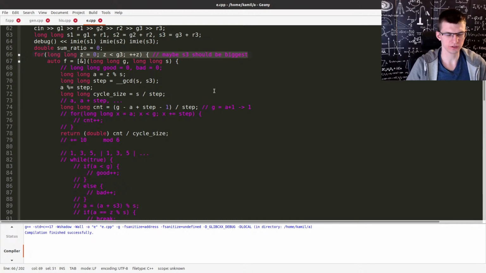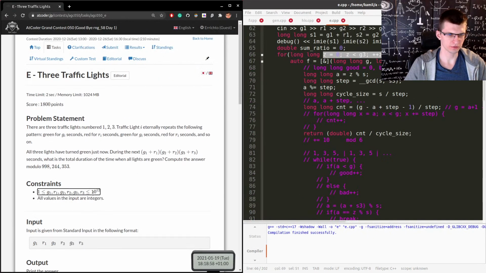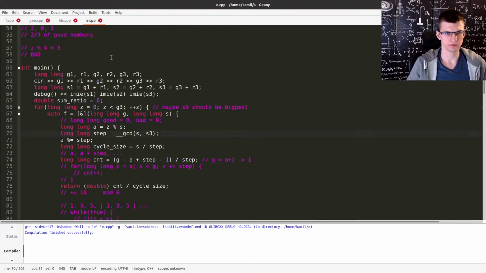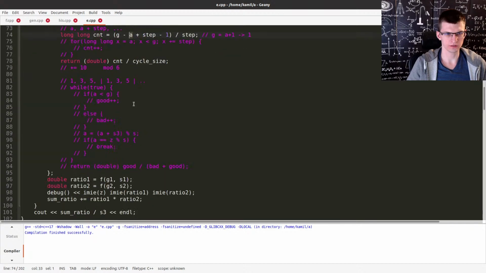We have a solution in complexity O of S3. So O of 10 to the 12 power. Times GCD, whatever. But what are the similarities between different Z? There is A. A is used only here, right?